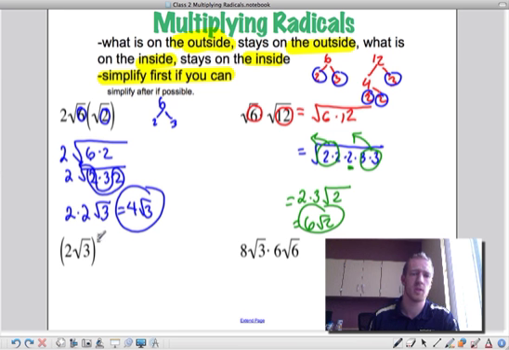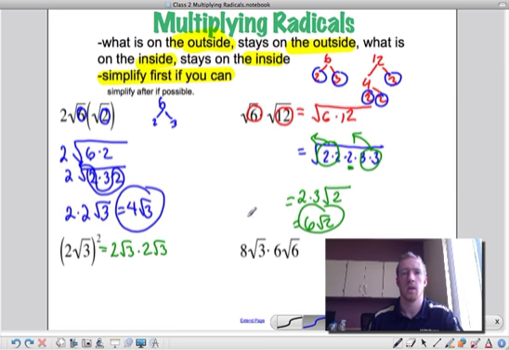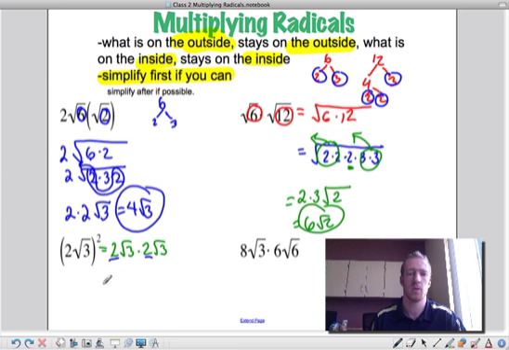So here, this is our exponent rules. We square this, so this is 2 root 3 times 2 root 3. So we multiply what's on the outside. So 2 times 2 is 4. And then square root of 3 times square root of 3 is just 3.